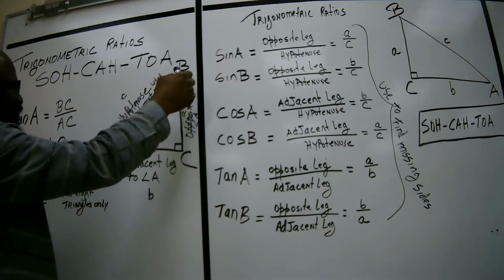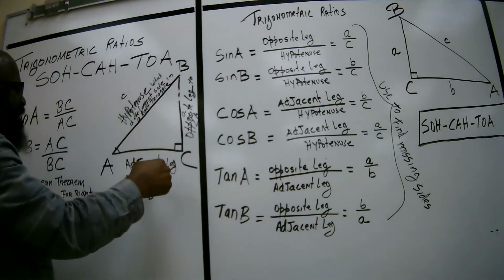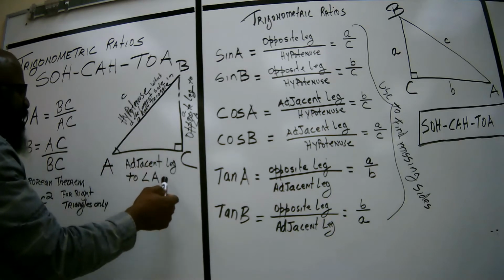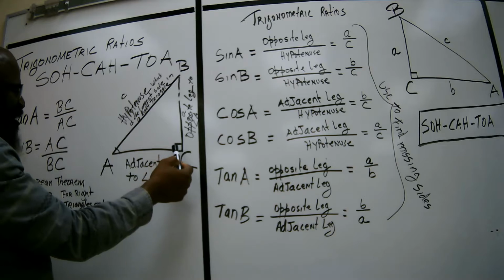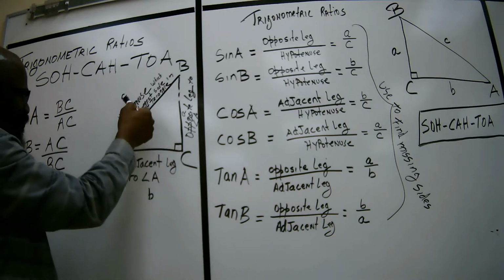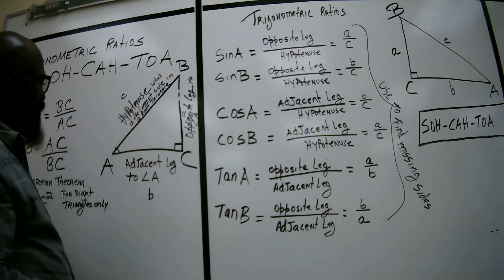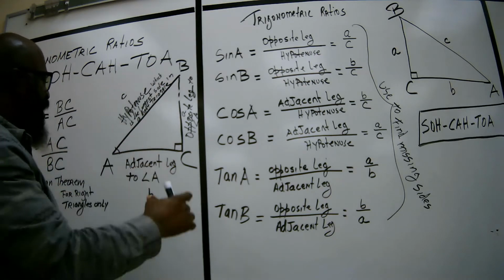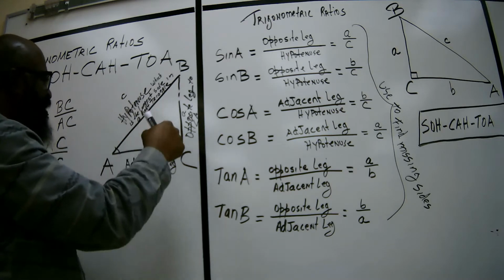This is angle B. If I look opposite to angle B, side AC will be little b. This is angle C. If I look across it, capital C is opposite to little c. That's how you have to identify that. The capital letters refer to angles, the lowercase letters refer to sides.